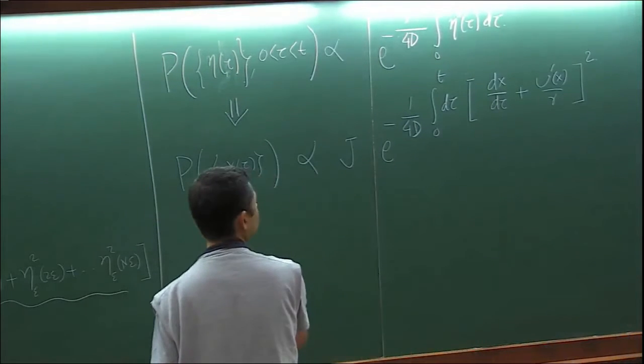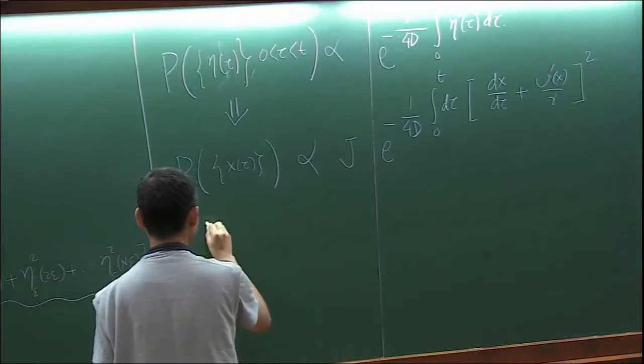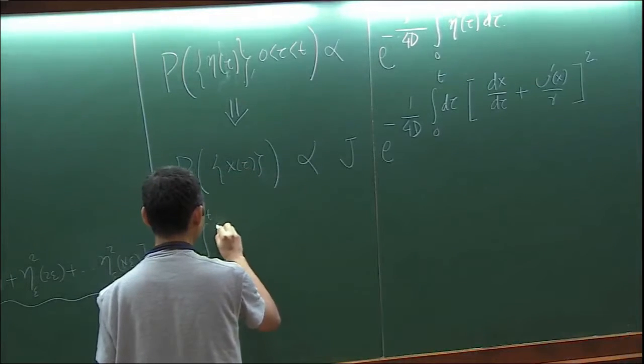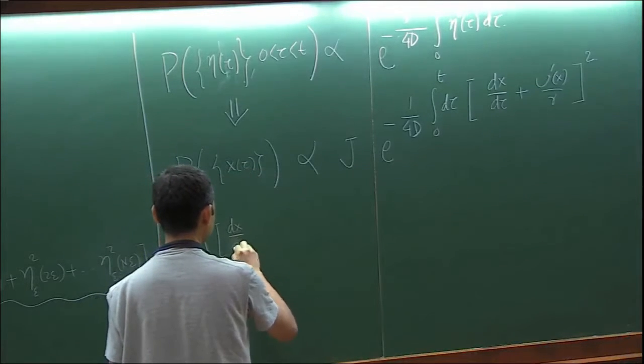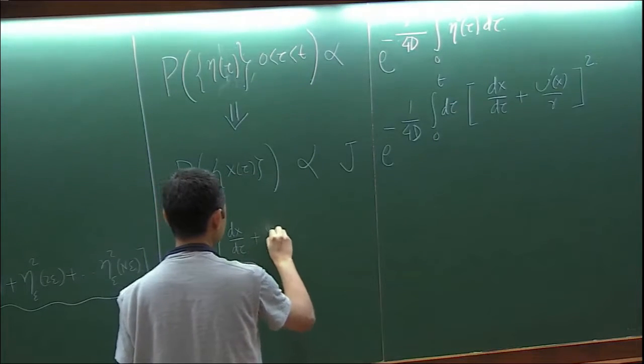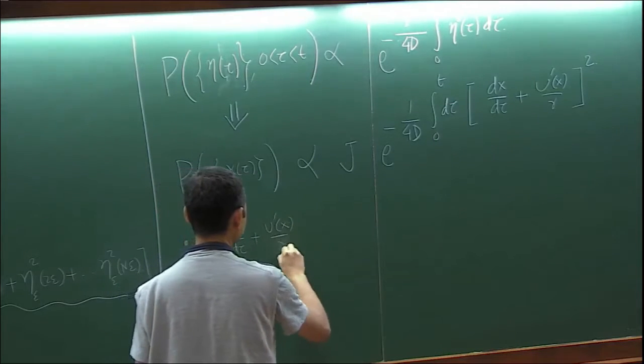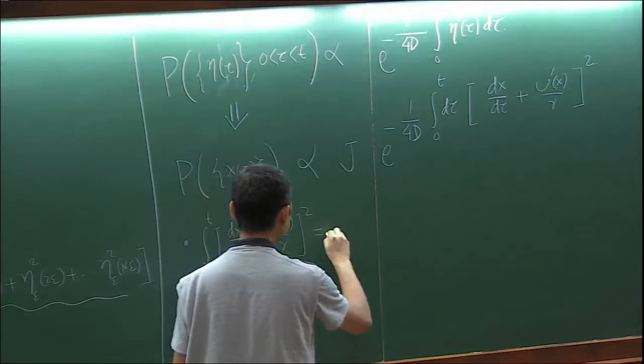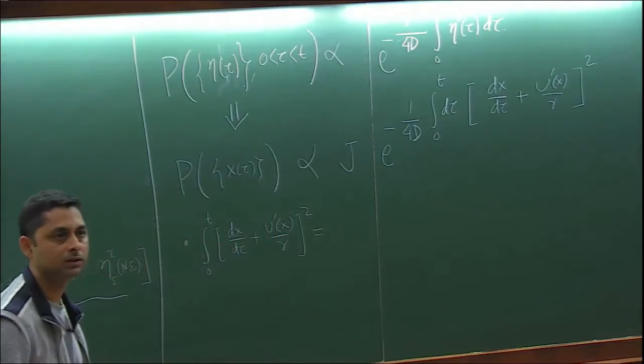So we have the integral from 0 to t d tau of dx by d tau plus u prime x by gamma, whole square. Let's just expand it.